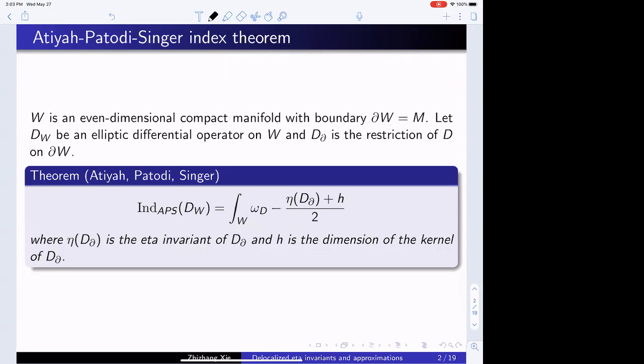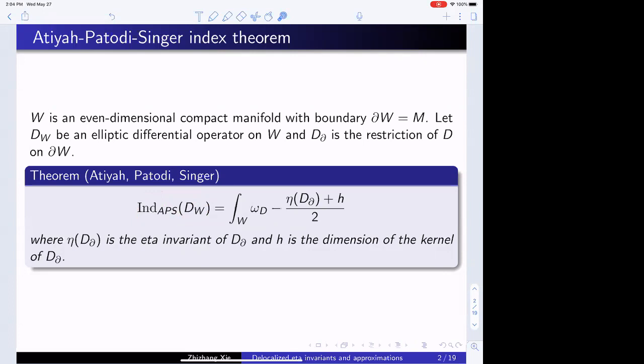Then the classical Atiyah-Patodi-Singer index theorem says the index of D_W, with APS here because the manifold has a boundary, so you have to put a boundary condition in order for the index to make sense. So APS stands for the APS boundary condition. Take this operator and this boundary condition, and the index makes sense, which is an integer.